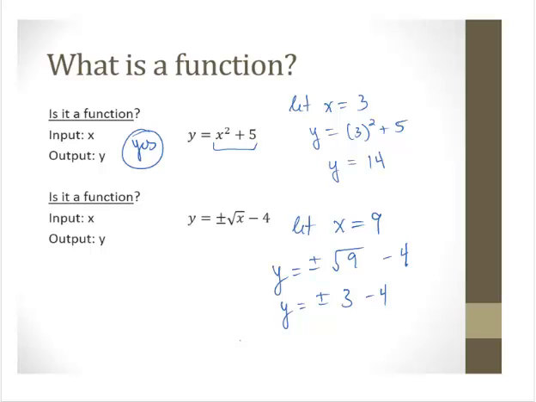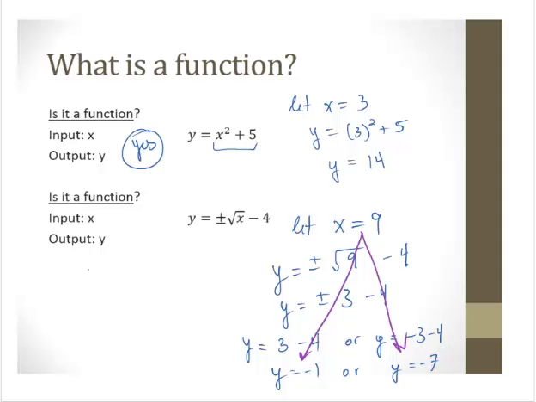So now y would equal positive 3 minus 4, or y would equal negative 3 minus 4, y would equal negative 1, or negative 7. So my input 9 goes to two different outputs, not a function. And really, we might have seen it right away. Once I saw this plus or minus, that means that there's a choice, that there's more than one way to go with it. And so I knew right away that it wasn't a function.